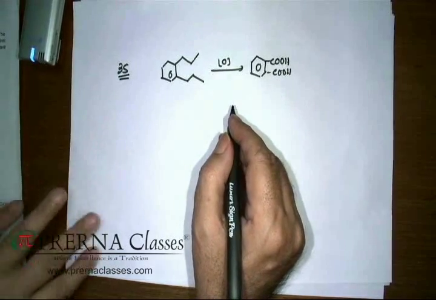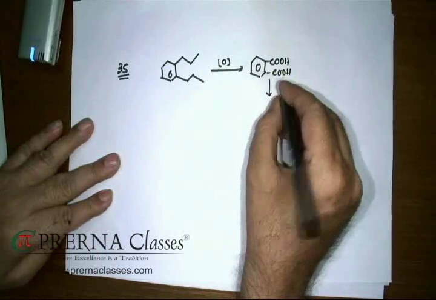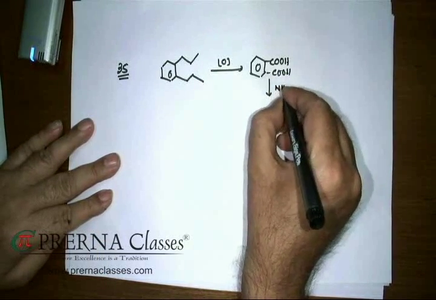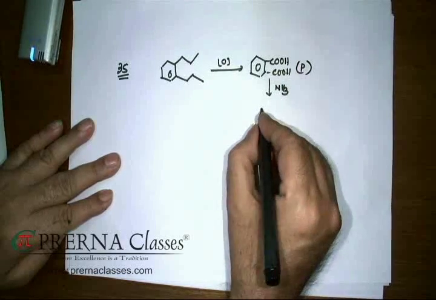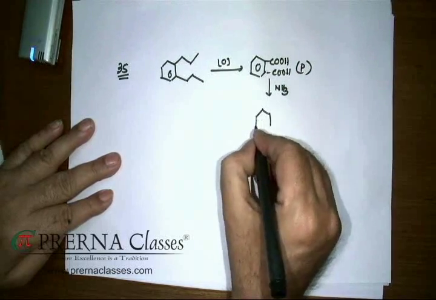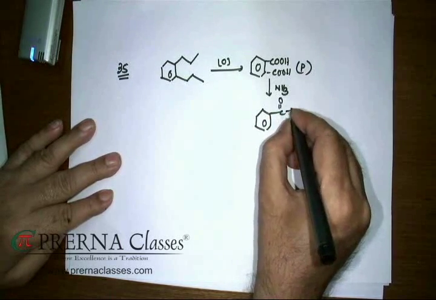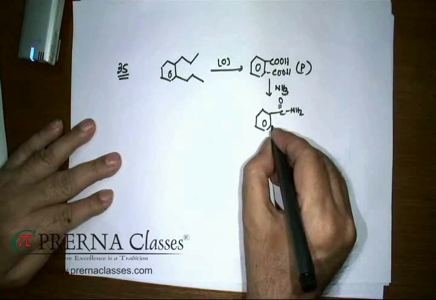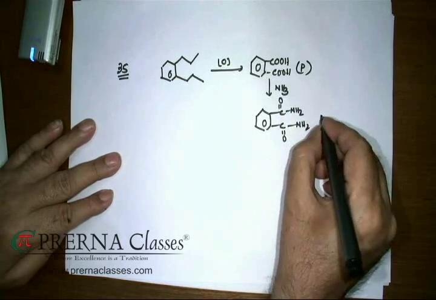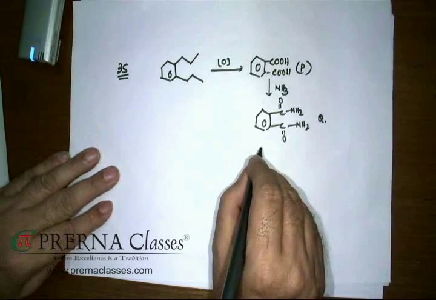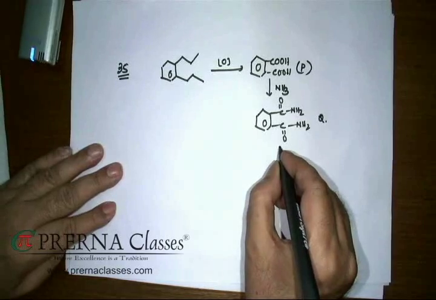This acid with ammonia, so this is your P according to the question. With ammonia you get amide, so this is your Q. This on heating.